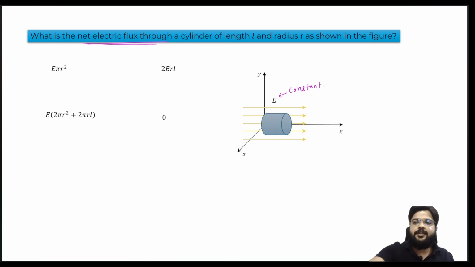So if you imagine, let's suppose this is the cylinder, everyone. What is happening? From one side, field lines are entering, and from the other side they are exiting, so entering flux equals exiting flux.